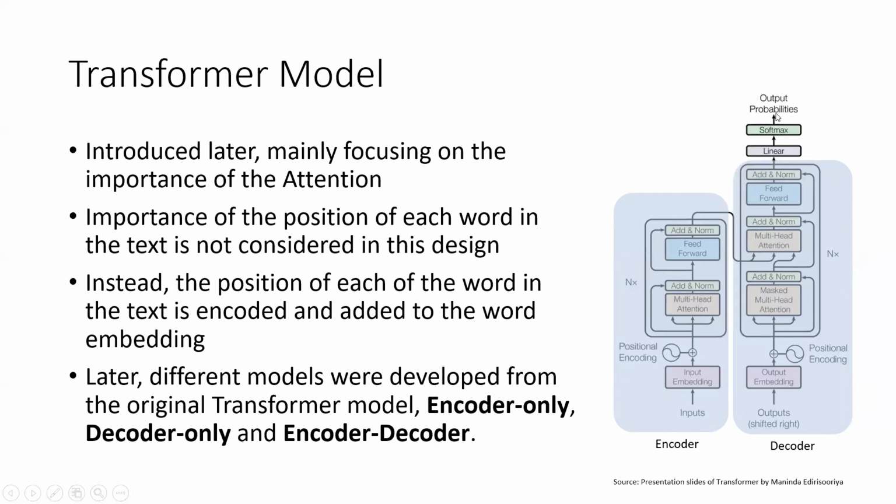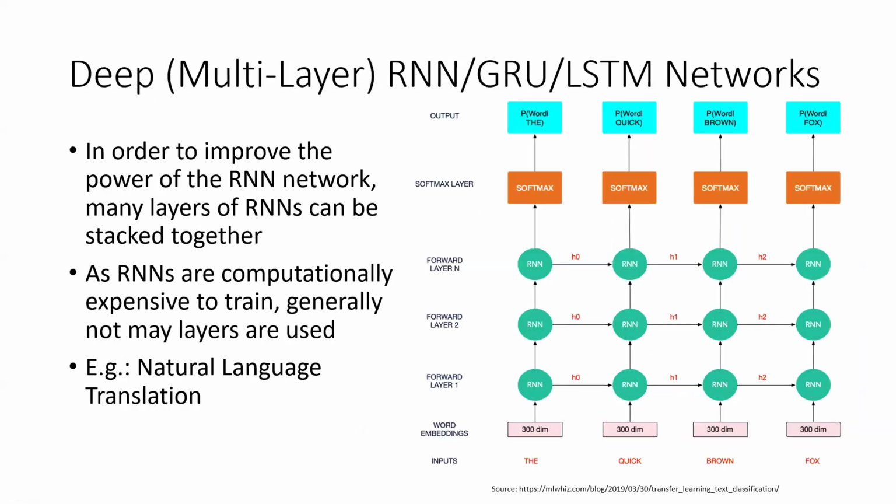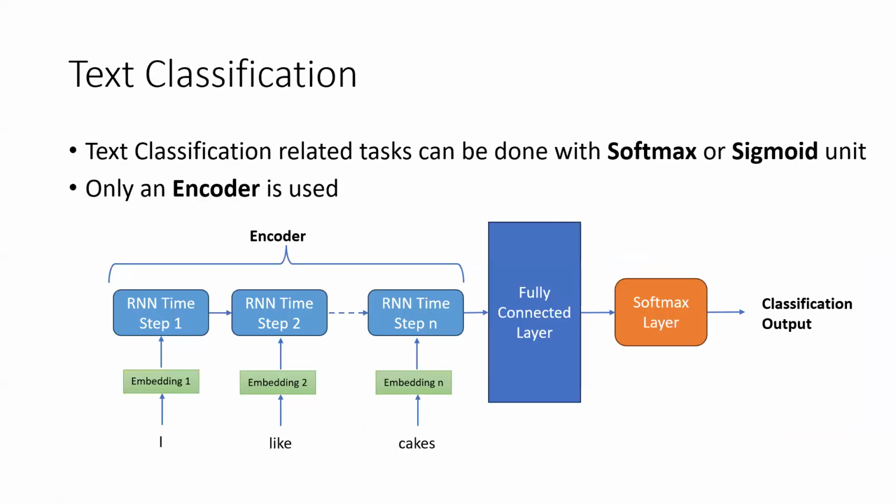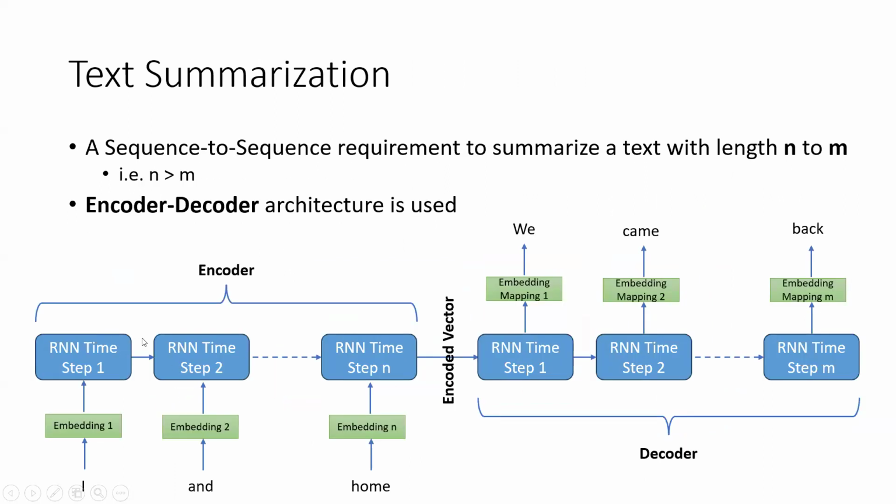Like we have discussed earlier, for text classification we can use the encoder only model, so using the encoder only model you can classify some text. Using an encoder and a decoder, you can summarize the text.